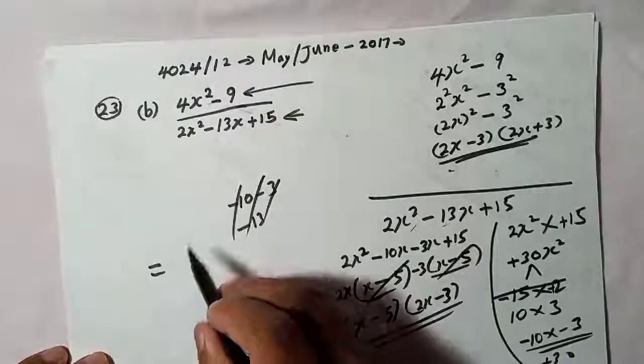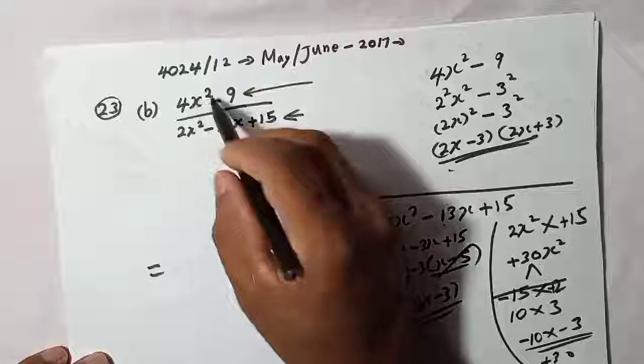For 4x square minus 9, I can replace it with 2x minus 3 into 2x plus 3, right? And below, I replace with the two answers, x minus 5 and 2x minus 3. Now you can see this and this are common, right?